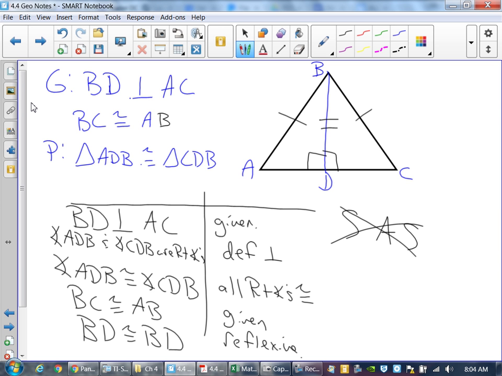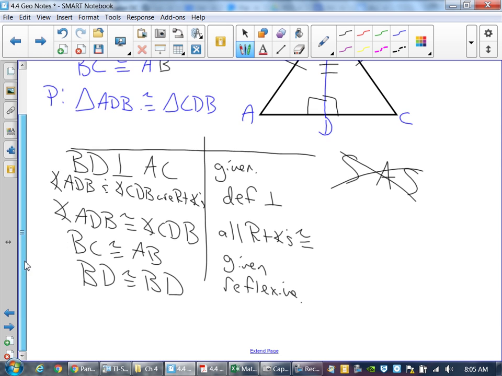What do we have? We have hypotenuse leg. This is a case where hypotenuse leg works because you have a right triangle. Notice the only thing you had to come up with on your own was the reflexive side.